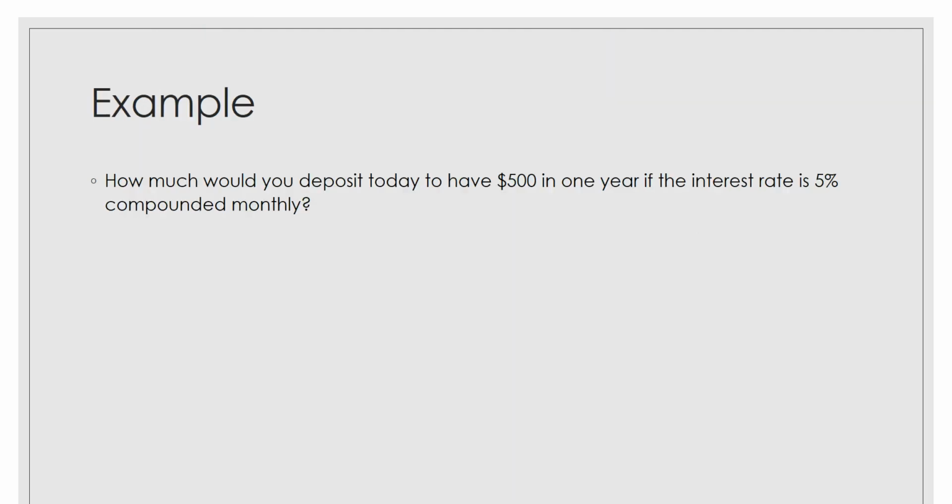So let's do an additional example. How much would you deposit today to have $500 in 1 year if the interest rate is 5% compounded monthly? So we want to know how much we would deposit today. In 1 year, we would have $500.